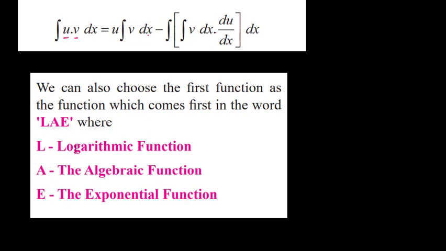The logarithmic function you use for differentiation and the algebraic function you use for integration. That means the logarithmic function you take as u and the algebraic function you take as v. So logarithmic, algebraic, exponential: in this sequence you choose. Integration of an exponential function is easy and differentiation of a logarithmic function is easy, so the logarithmic function is first, exponential is last, and algebraic lies in between.